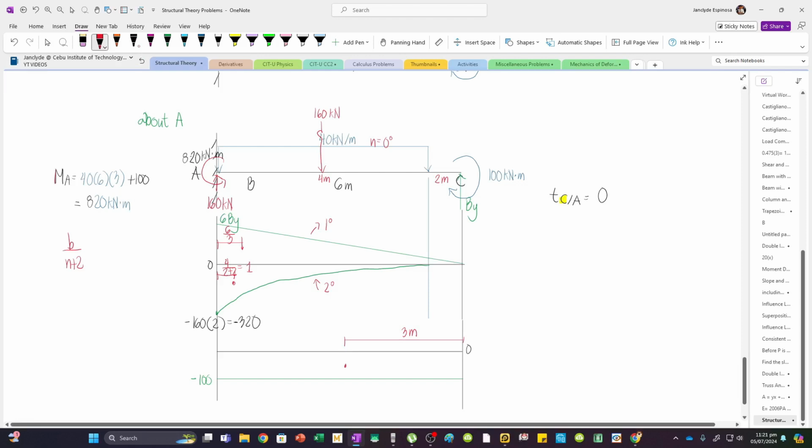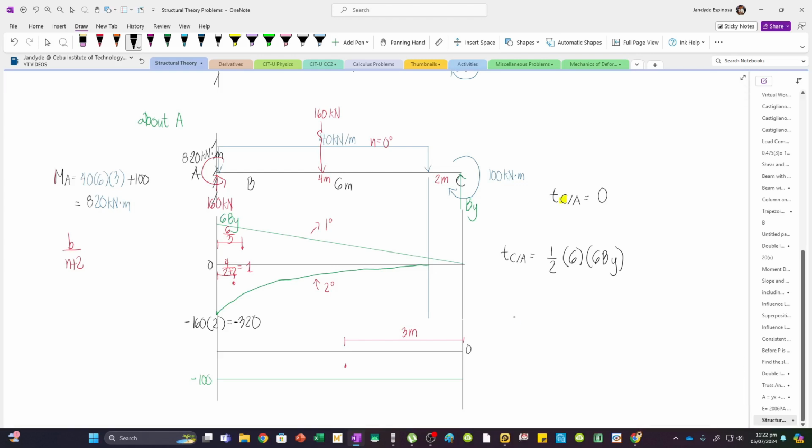And so I'm going to solve TCA. This requires me to write the area moment equation. First, I'm going to solve the area of this triangle. The area of that is 1/2 times a base of 6 meters times a height of 6 BY. And then this is a negative area, so minus the area is 1/3. Now sir, why 1/3?